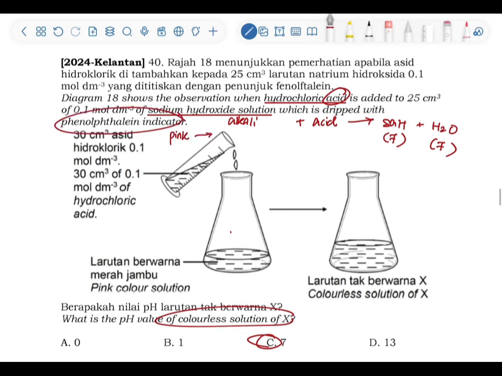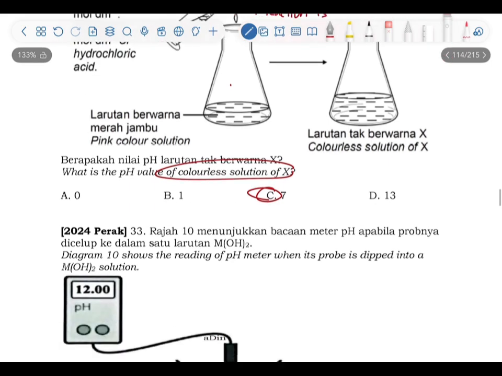And after the alkali and acid react, it will become colorless. And this colorless observation usually indicates that the reaction is completed. It means that there's no more acid and alkali present in the conical flask, only the salt and water left.